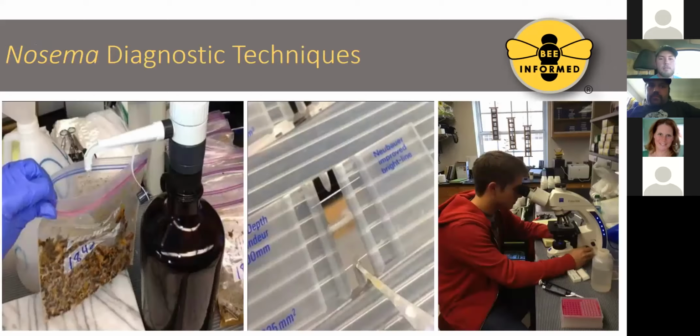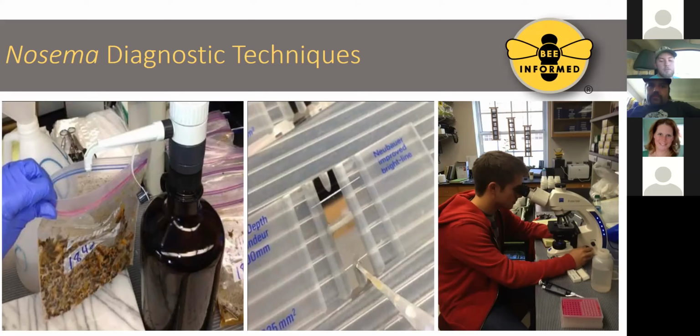Next slide, please. All right, so now we'll go into some Nosema diagnostic techniques. So microscopic examination is the most reliable and most used to account for presence and quantity of Nosema spores. So in our lab, we don't use dissection. So we take a sample of bees, crush them with a rolling pin, which makes the insides of the bees crushed out, so it makes sort of a bee juice.